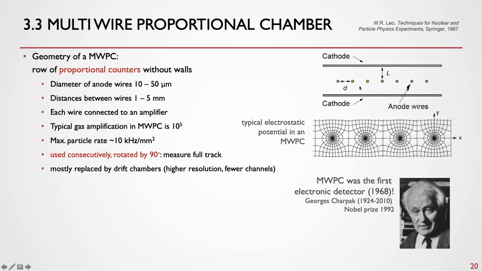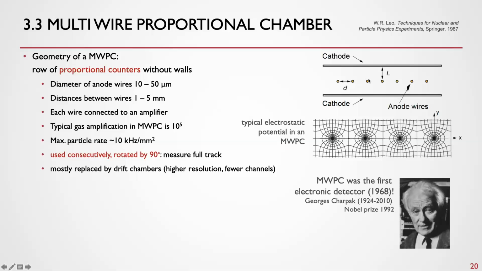You have one problem. The problem is that the wires are in parallel, and hence you have only a one-dimensional spatial measurement. If an avalanche formed close to a given wire, you only know one coordinate.